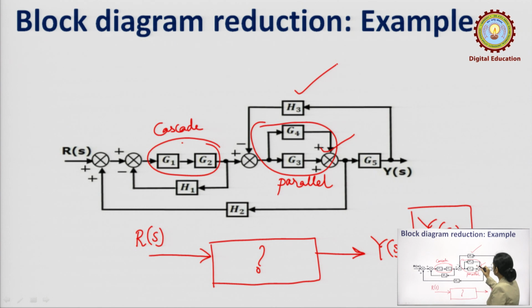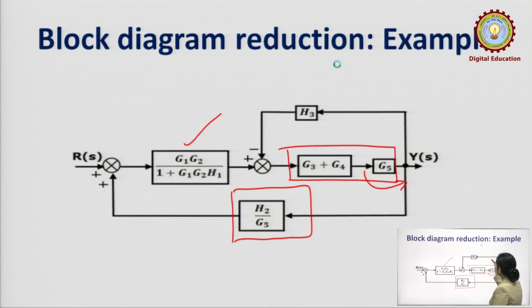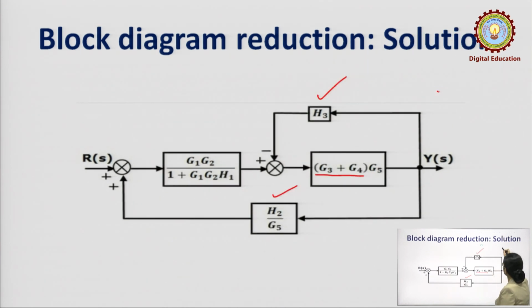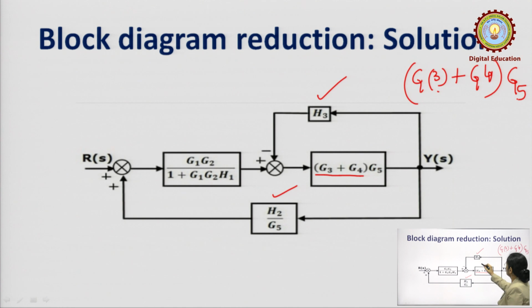So, what is the gain here? The gain here is G3 plus G4 into G5, this with the feedback loop, divided by 1 plus this combination into H3.